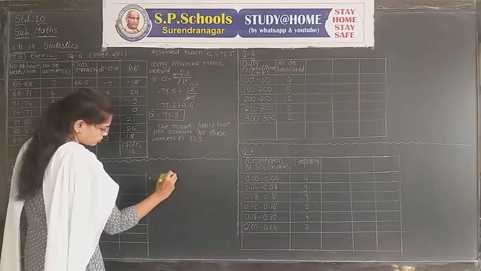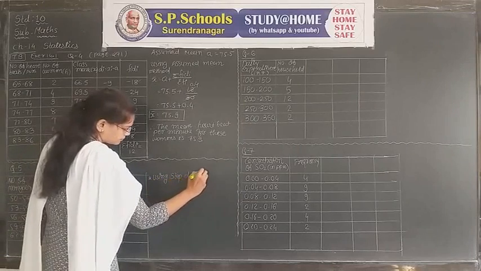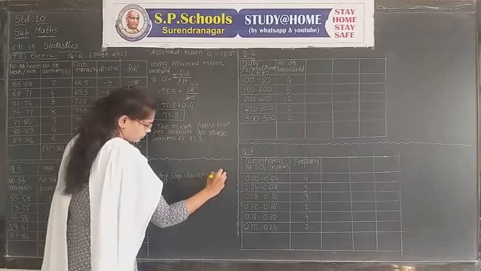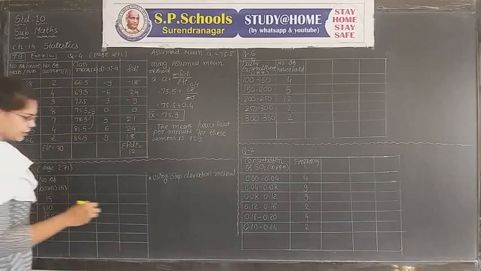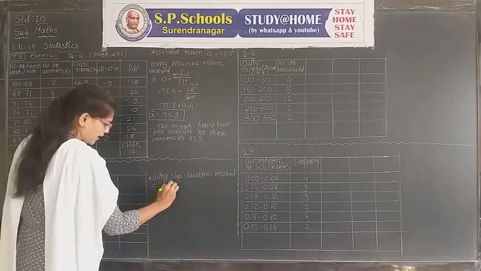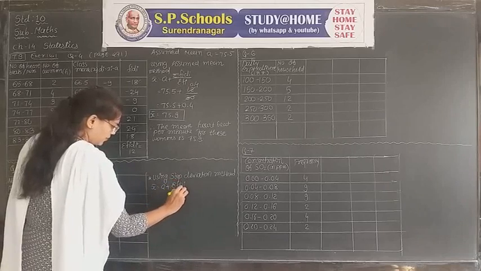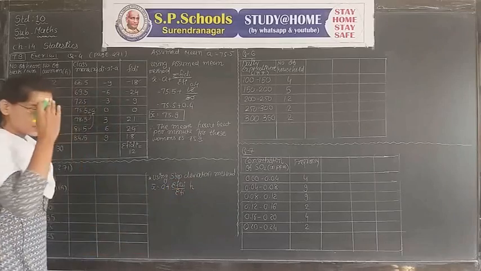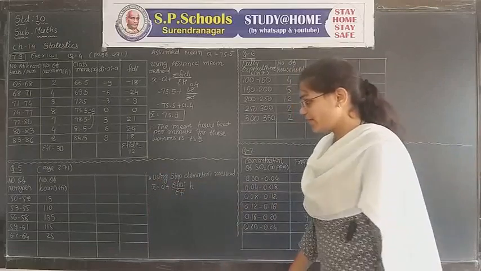Using the step deviation method, we need to find the mean. First of all, remember the formula: x bar is equal to a plus sigma fiui upon sigma fi, times h. But h is required here, so first decide whether the class size h of all class intervals is the same or not.